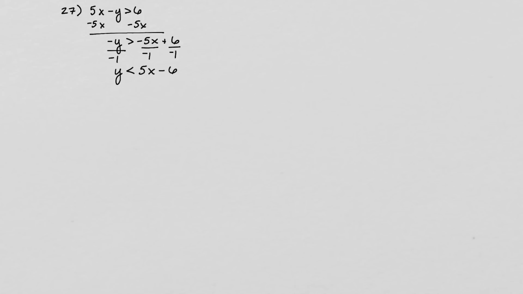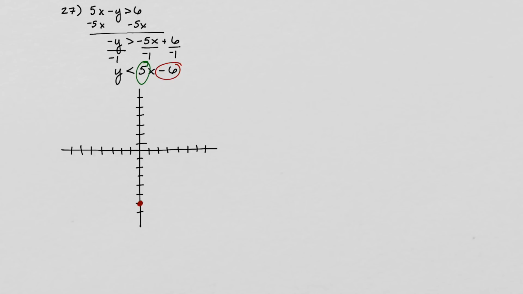And so now I'm going to, again, draw my graph. I'm going to put a bunch of little tick marks here. Remember, this is my y-intercept. So I'm going to put that down here at negative 6.